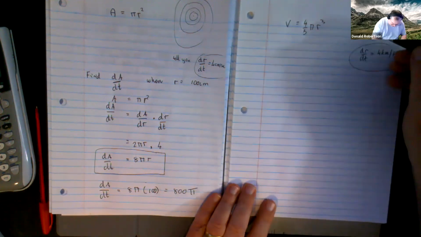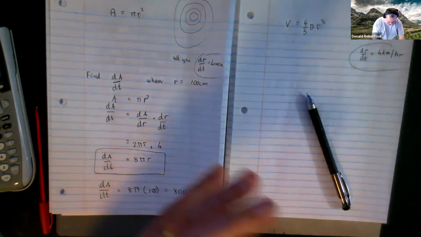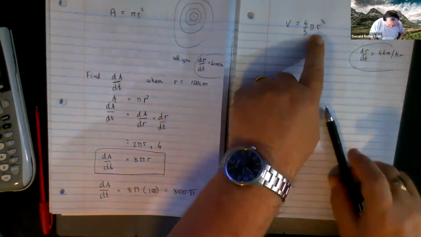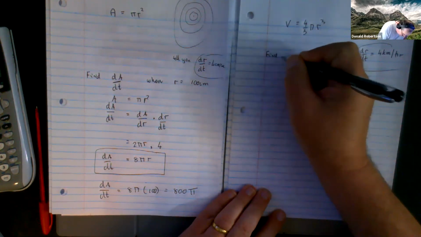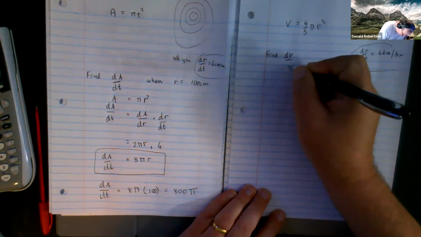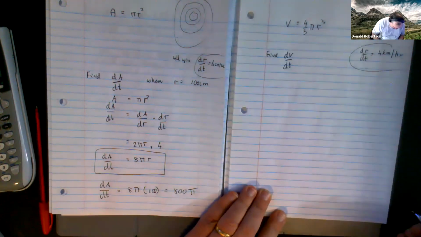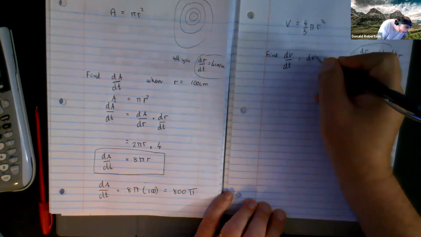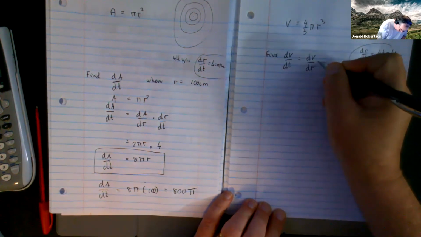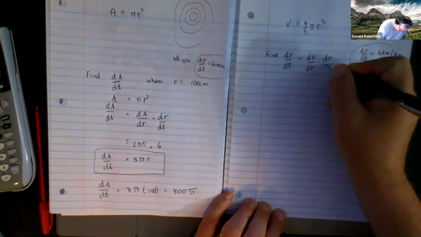Right, we're at this guy. So we've got a sphere, it's expanding through time. The volume of a sphere is this thing. Suppose we're being asked to find the rate of change of the volume with time. Then we calculate dV by dr followed by dr by dt.